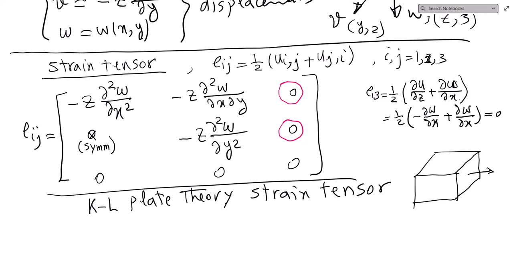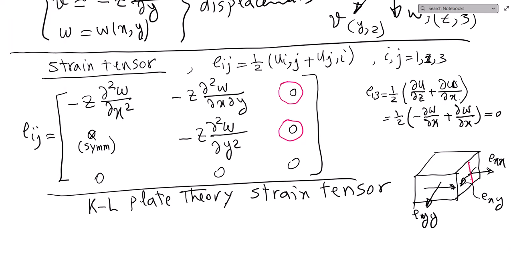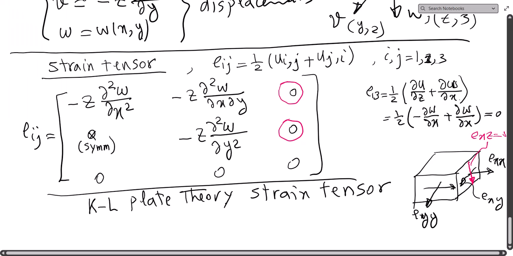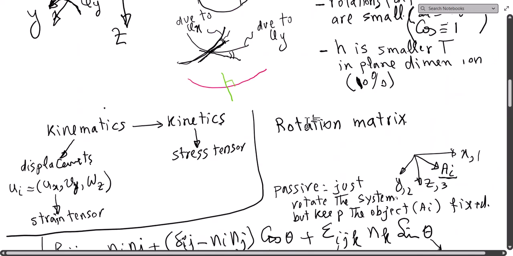So this is EXX, this is EXY. Similarly, this is EYY, and this is EXZ, which is 0 here, meaning there is no shear across the depth based on the assumptions that Kirchhoff-Love implies.